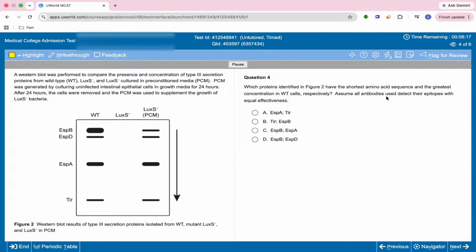Small antibodies used to detect their epitopes with equal effectiveness. Have the shortest amino acid sequence and the greatest concentration in WT cells. Shortest amino acid sequence and greatest concentration in WT cells.